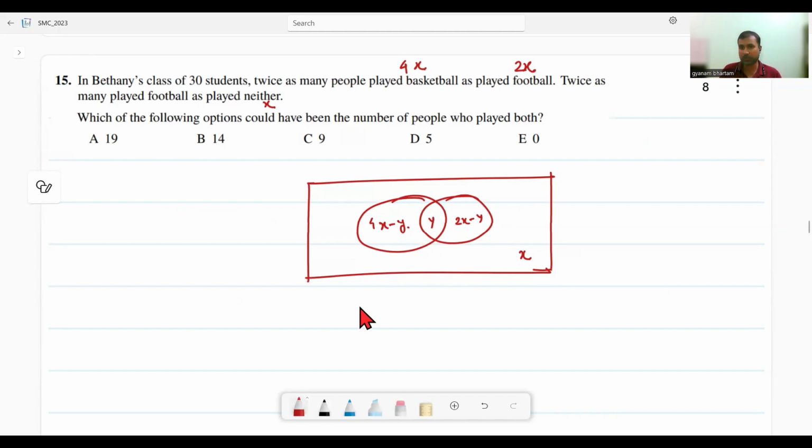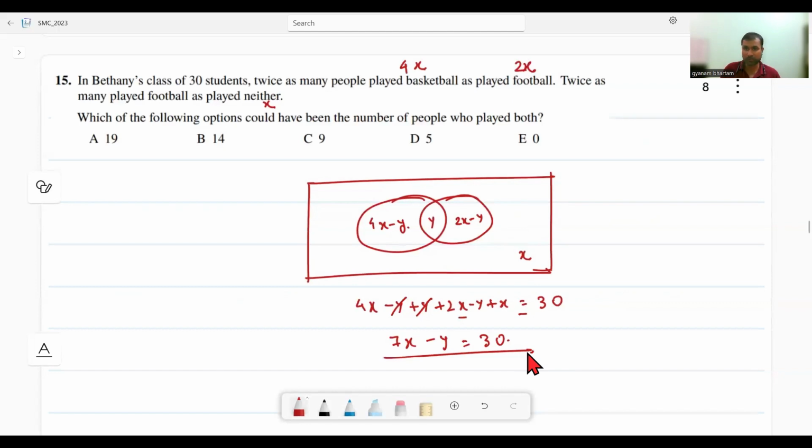If we add all this, 4x minus y plus 2x minus y plus x must be 30. So we get 7x minus y equal to 30. So what are the possible numbers for y? 7x minus 30 equals y.